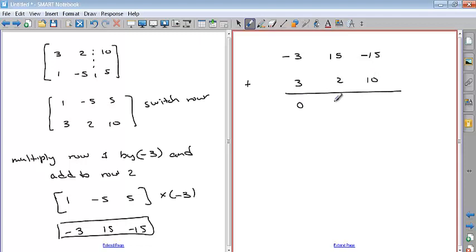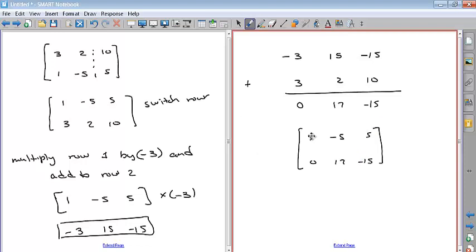So I get 0, 17, -15. At this point, I rewrite the matrix, replacing the second row with this new row, 0, 17, -15.